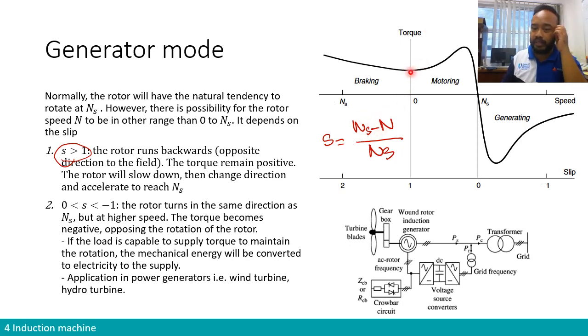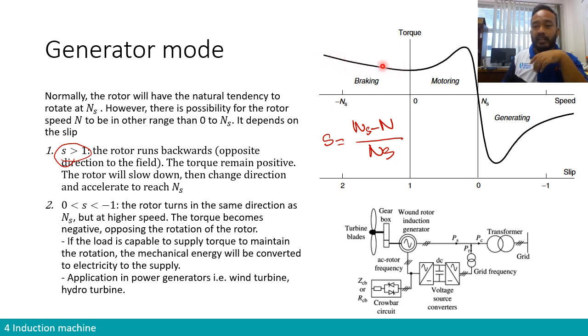If it is 3000 rpm for a 2-pole machine, you have a certain induced current, but something is driving the machine to rotate in the opposite direction. Then you have a slip larger than 1, but the torque is going to increase.